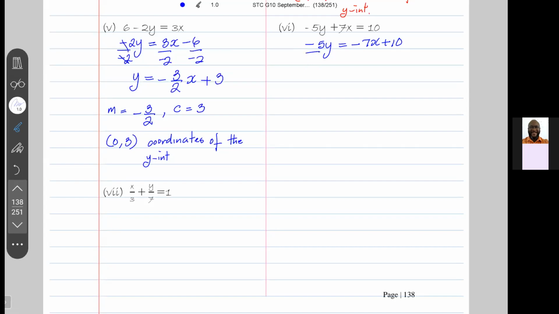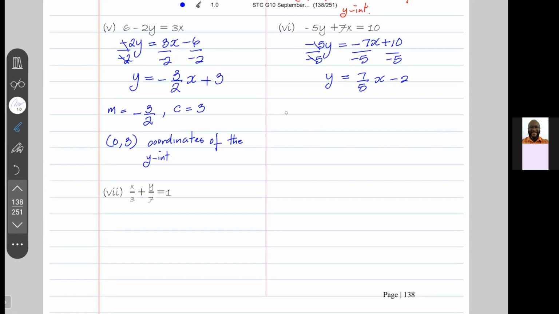Then I'm going to divide the entire equation by -5 so that I can get y to be the subject. So I have y is equal to 7 over 5 x.